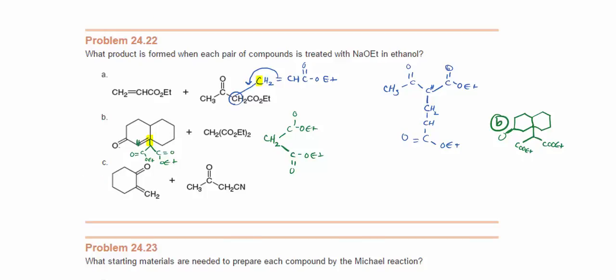Now for C, again, we're looking for that beta carbon of that alpha beta unsaturated. So here's that beta carbon. That beta carbon is going to attach at the alpha, in this case, to, let's change colors, the cyano group.